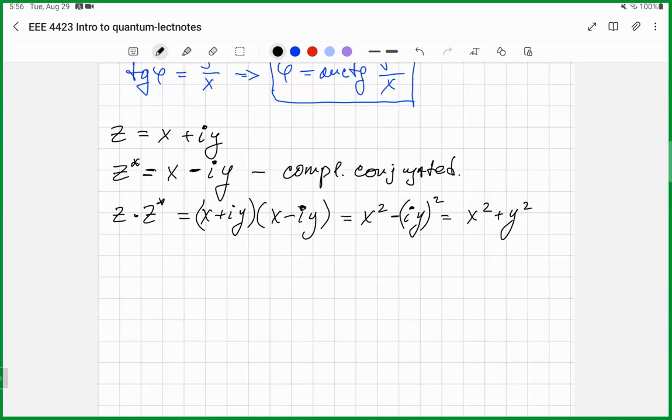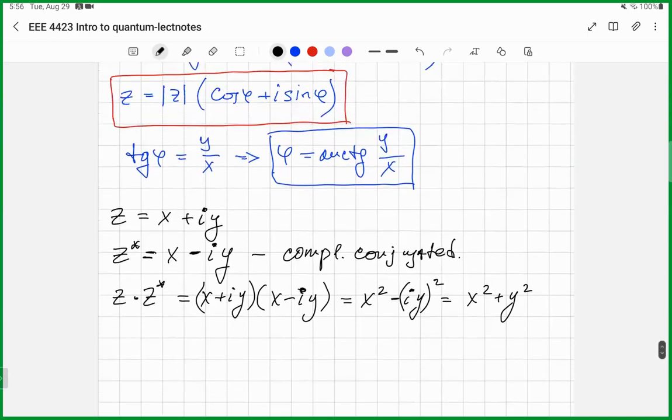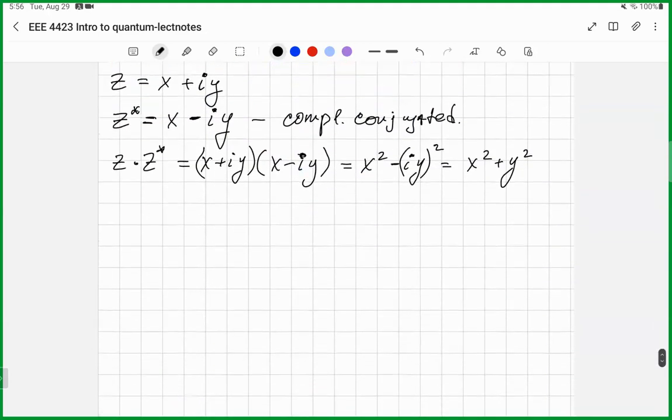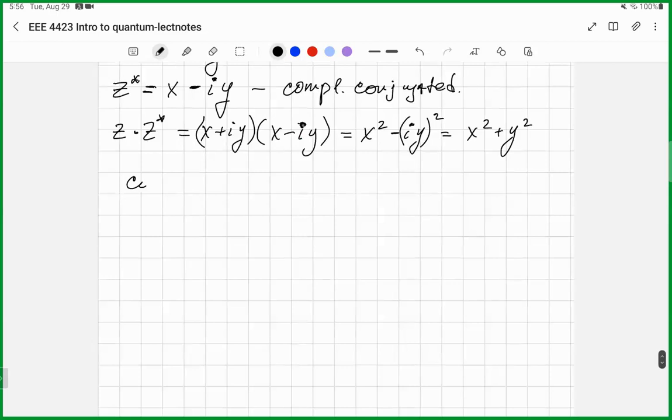At the same time, if you take the square of these formulas 1 and 2 over here, what you get? You get cosine squared phi equals x squared over modulus z squared. And for the sine, the same, sine squared phi is equal to y squared over modulus z squared.